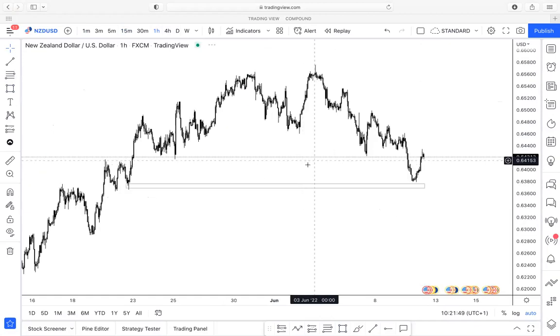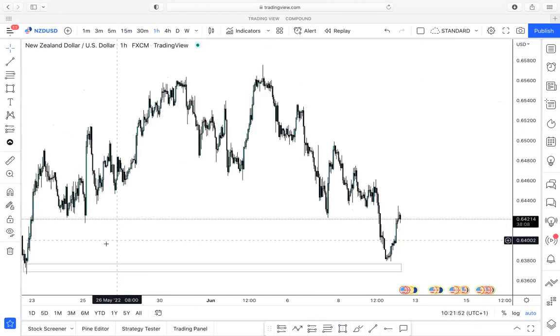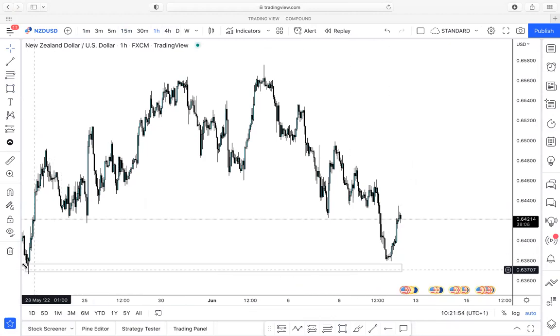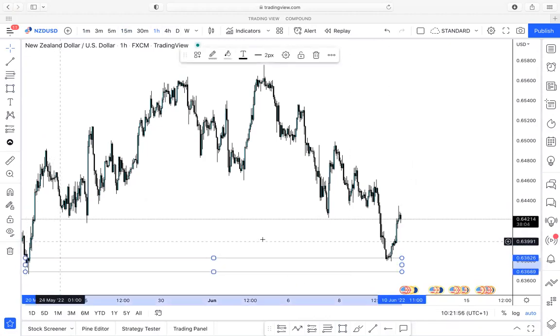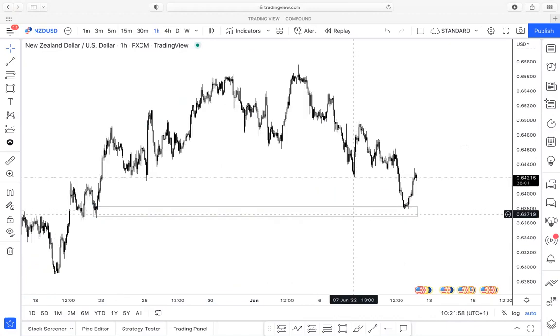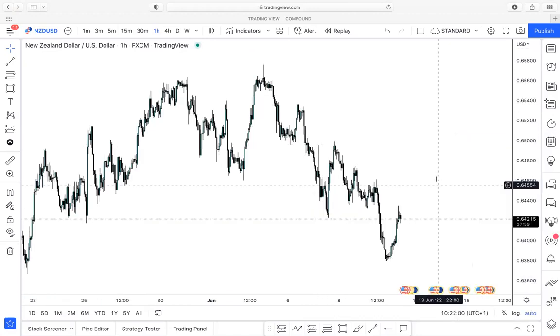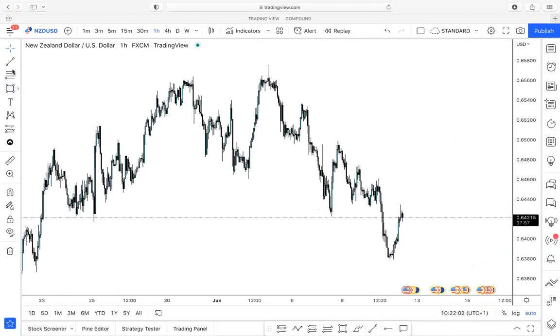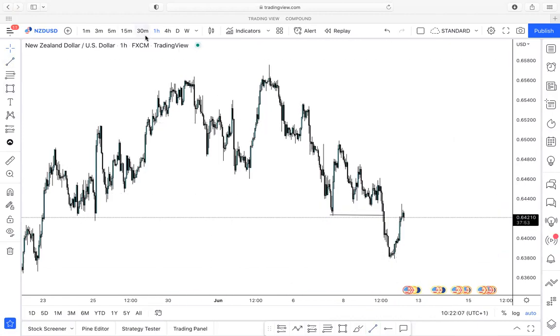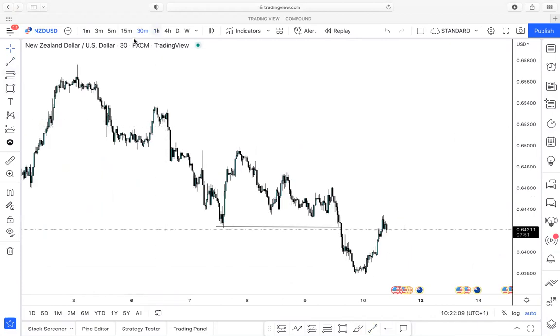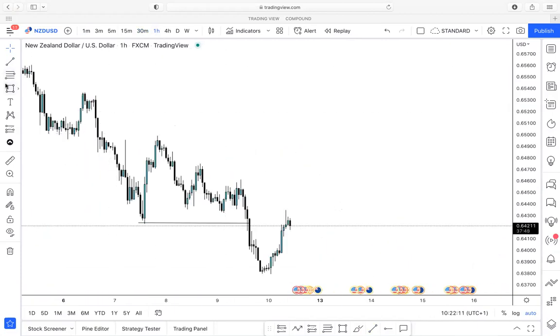New Zealand dollar, US dollar. So I over refined this. Look, so I could have used this. I wouldn't have got the alert, but I had over refined it to the wick. That's fine. It happens. So far, looking at it, I would be looking for sales from. I want to stay on the 1 hour and over refine it again.